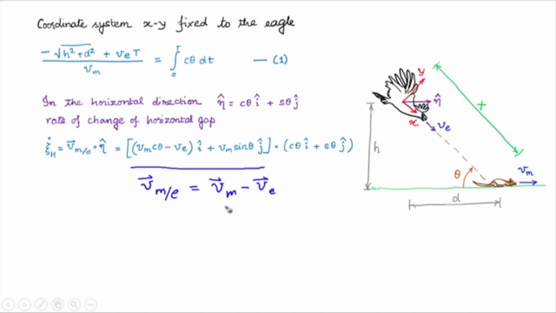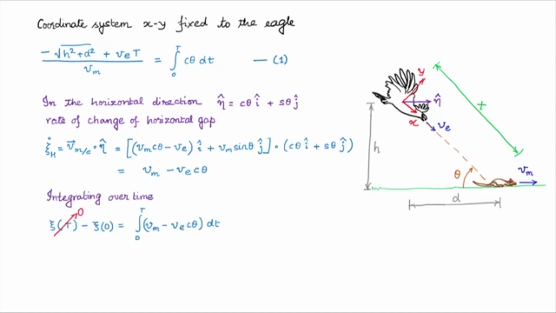But V mouse with respect to the eagle is V mouse minus V eagle, and that is what I have written out here. Once I take the dot product, it simplifies to V m minus V e cosine theta. Once again you see cosine theta is coming, and that is xi h dot.